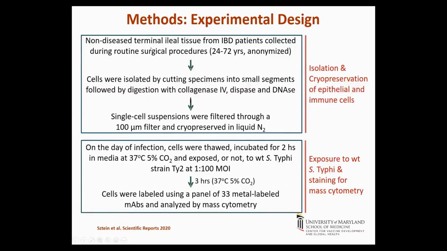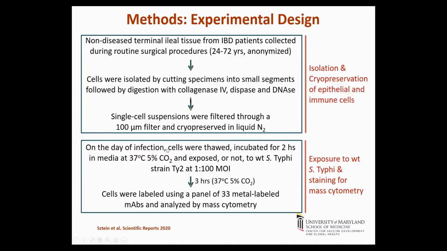The first stage was the isolation and cryopreservation of epithelial and immune cells. For this, the tissues from the terminal ileum were disaggregated and digested with collagenase and DNase. We generated distinctive cell suspensions, which were filtered and cryopreserved in liquid nitrogen until we were ready to run the experiments.